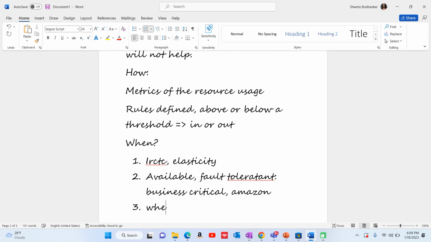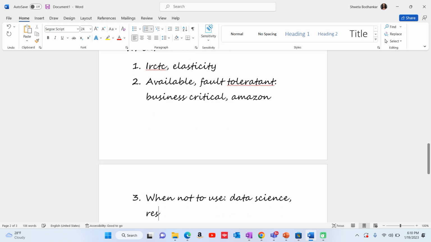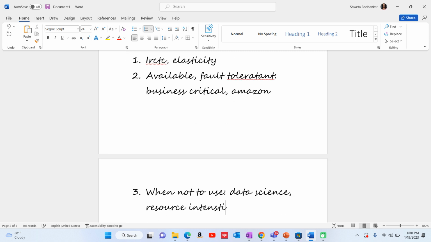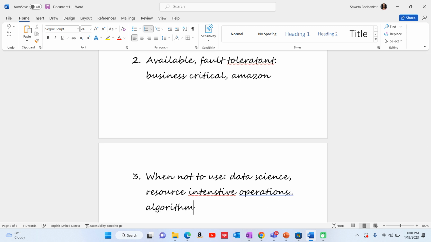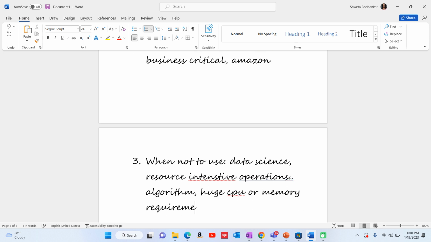Now let's say when not to use it. Let's say you're doing a data science project or highly resource intensive operations, like some algorithm or processing which requires huge CPU or memory. In those scenarios, even if you auto scale, it's not going to help you.